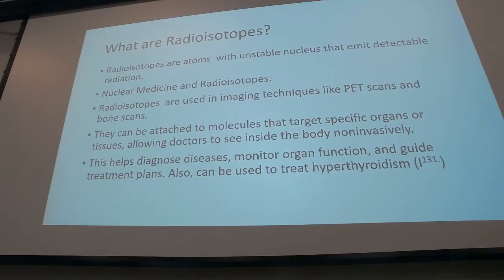In this case, you can kill that nodule or these cells in the nodule by adding radioactive iodine into the person's body. And then that will be absorbed by the thyroid gland, and then at the end of certain days, this overactive tissue will be gone.